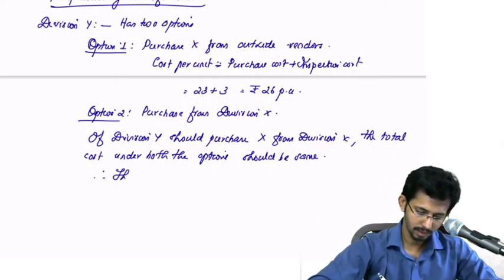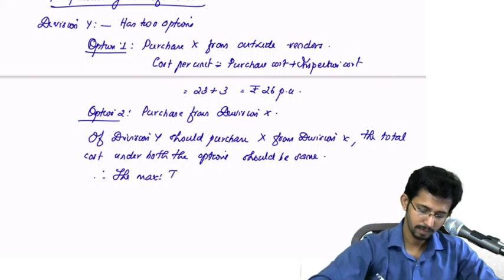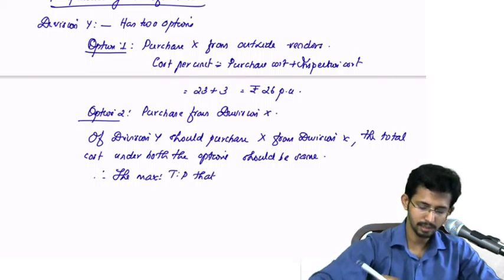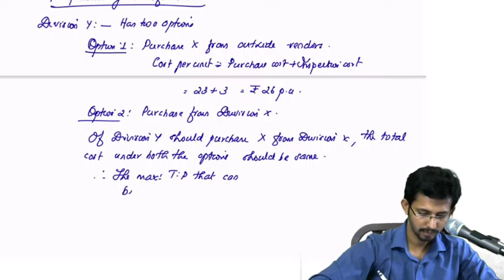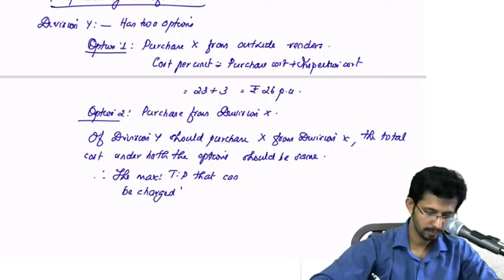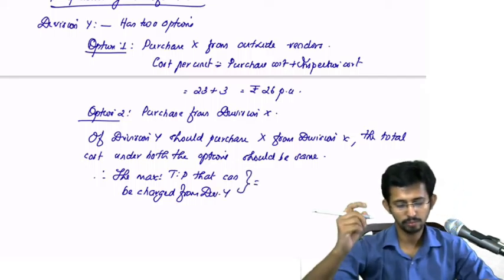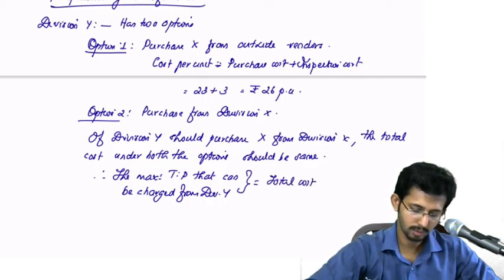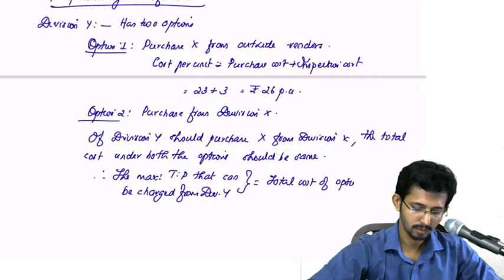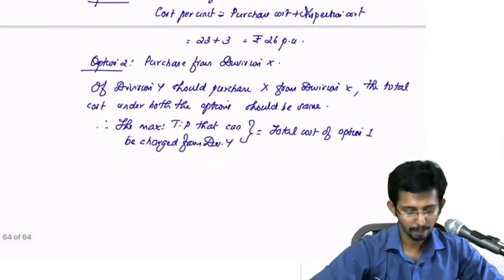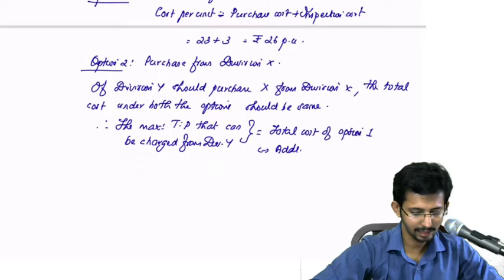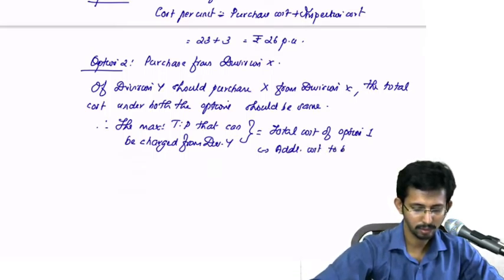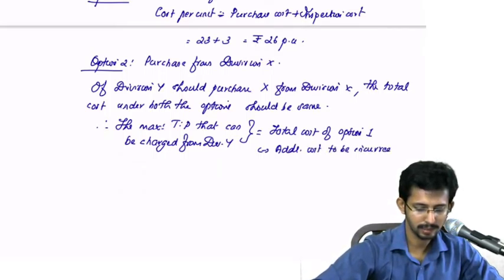Therefore, the maximum TP that can be charged from division Y is equal to the total cost of option 1 minus the additional cost to be incurred in option 2.